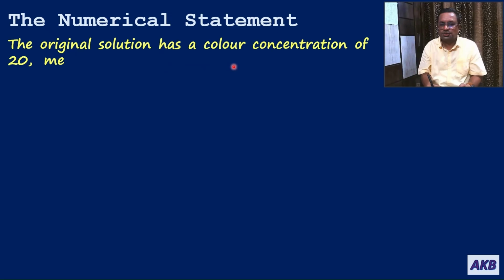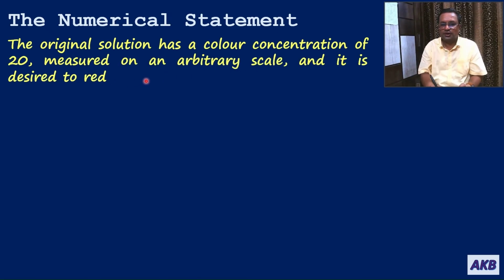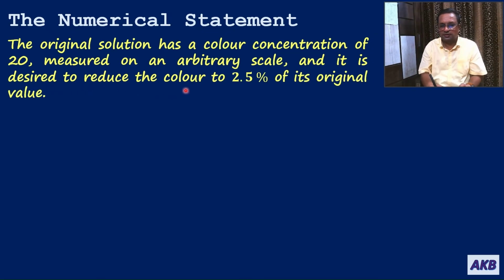Okay, further they have given this information. The original solution has a color concentration of 20 measured on an arbitrary scale, and it is desired to reduce the color to 2.5% of its original value.